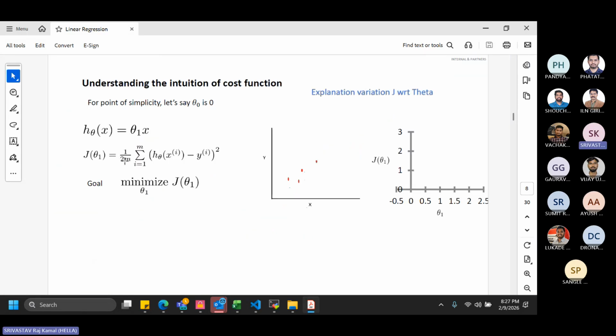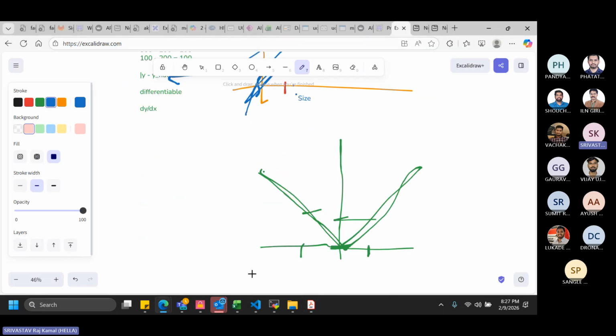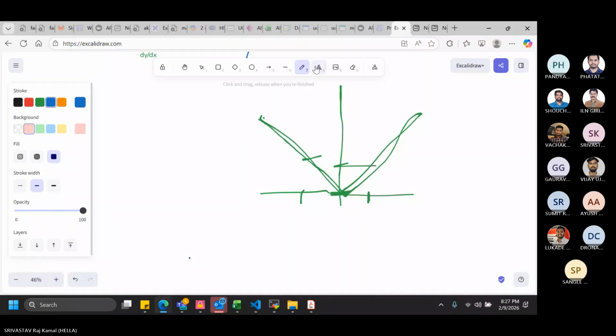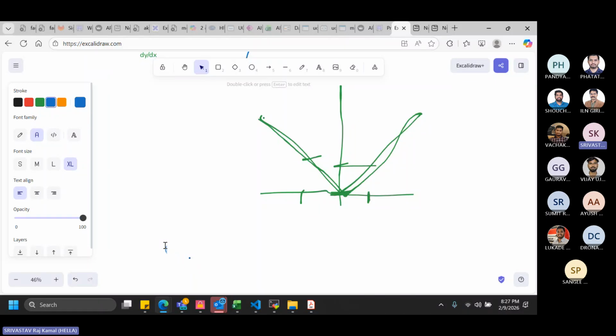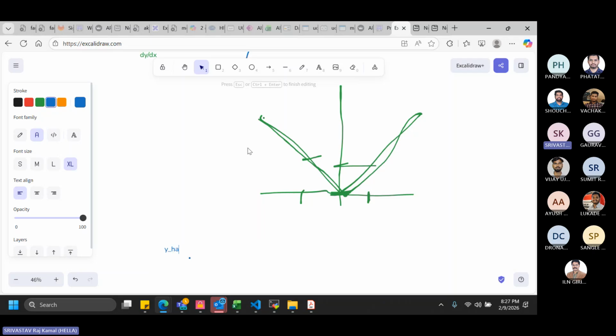1 upon 2m is nothing but the average. The 1 by 2 you will see later, ignore this part. This is the summation, adding all of them. If I explain this line, it would be written as (y hat 1 minus y1) squared plus (y hat 2 minus y2) squared, where y hat 2 means the second data point, second line, plus dot dot dot.